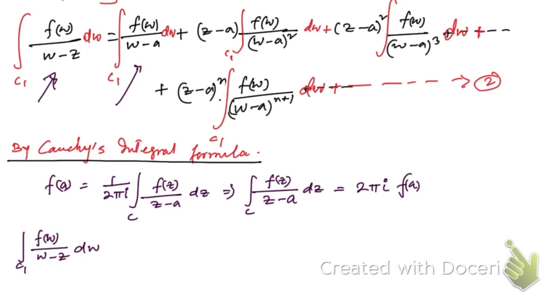Instead of a we have z, instead of z we have w. That's the difference. Then it should give us 2 pi i f of z, instead of a we have now z. So the first term is gonna be equal to this one, right? So what we have got is 2 pi i f of z.